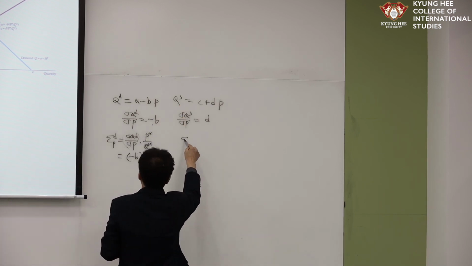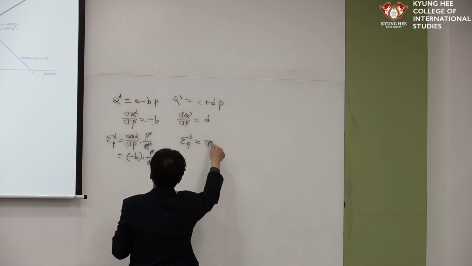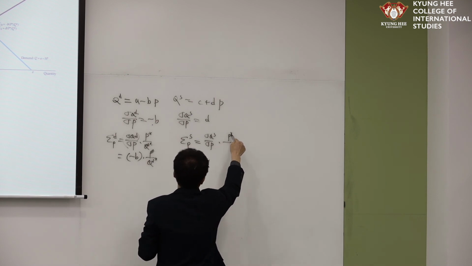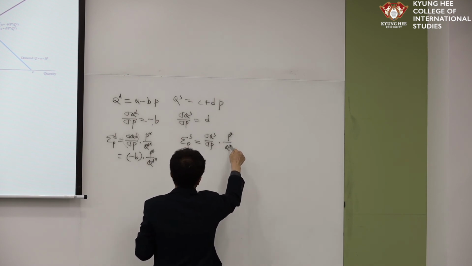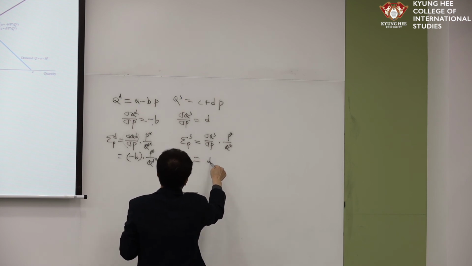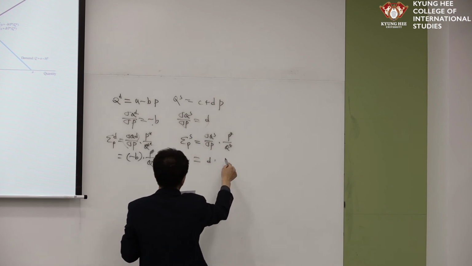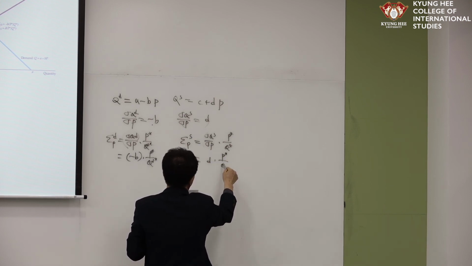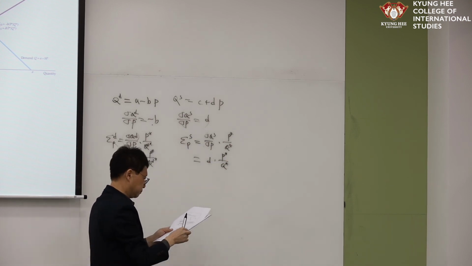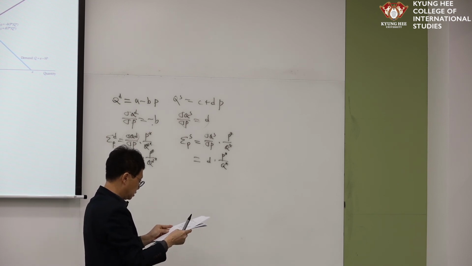And price elasticity of supply is equal to the change in quantity supplied over the change in price, multiplied by equilibrium price over equilibrium quantity. That is equal to D multiplied by P star over Q star, which we calculated already.